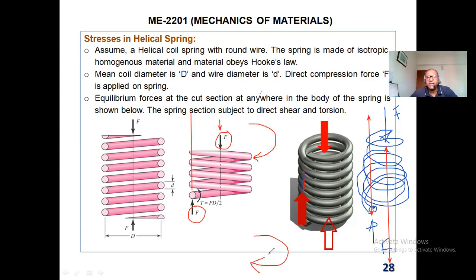So what will be the bending moment, this M? This bending moment M will be F into the distance between the two forces. So what is the distance from here to here? Mean diameter from here to here is D. And from here to here is D by 2. So M equals F times D by 2.